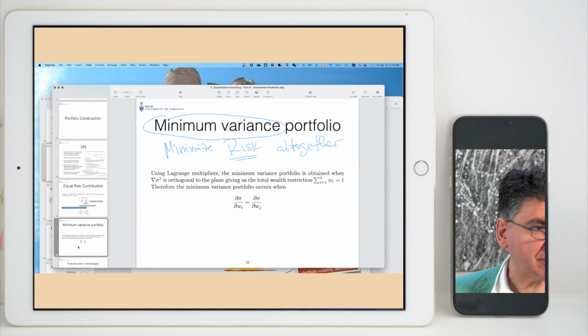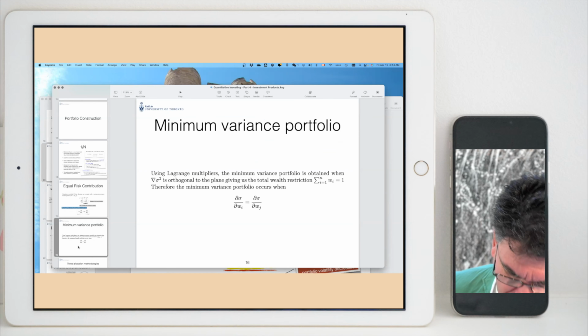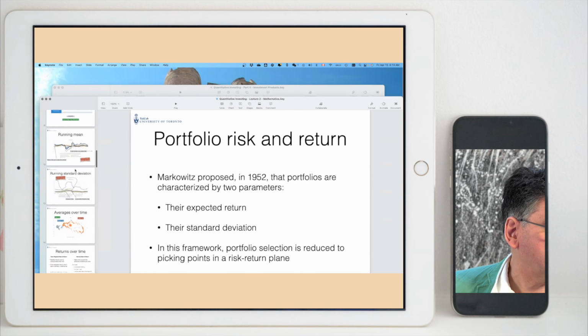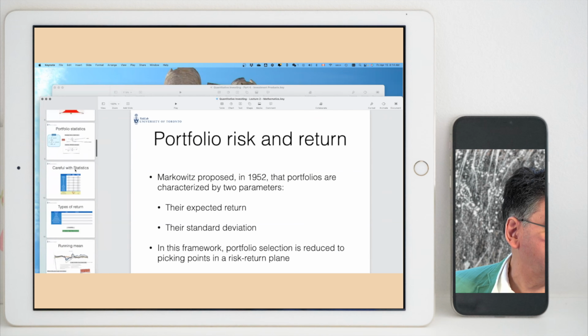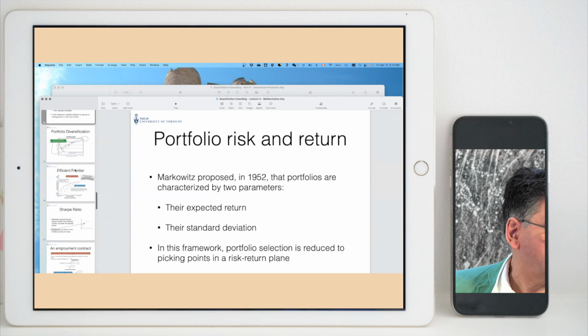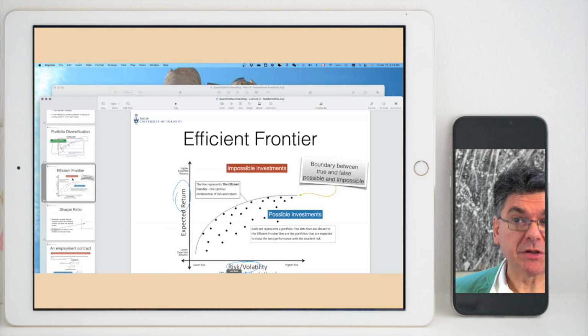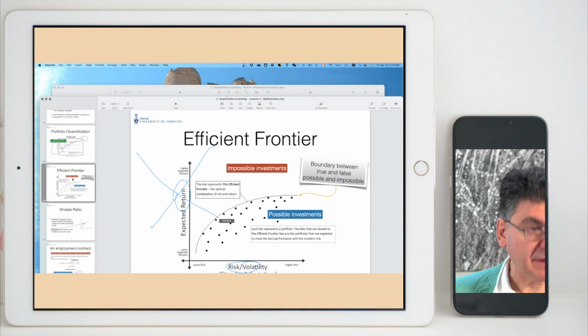So this is interesting because this has a connection with the Markowitz theory. In the Markowitz theory, I remind you, I told you there was the expected return and the risk. And now these people, they do not believe in the return.